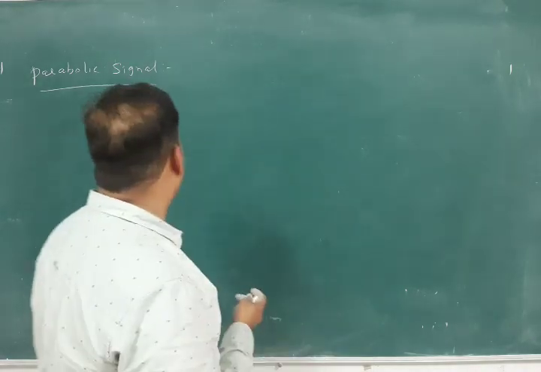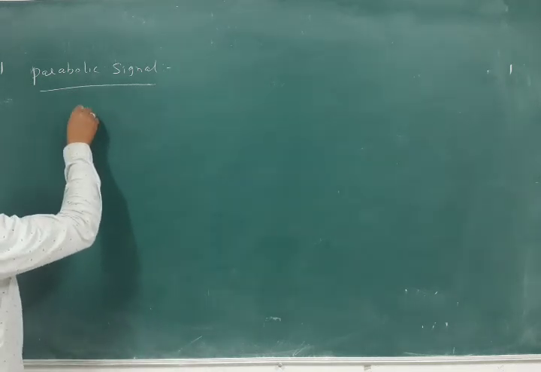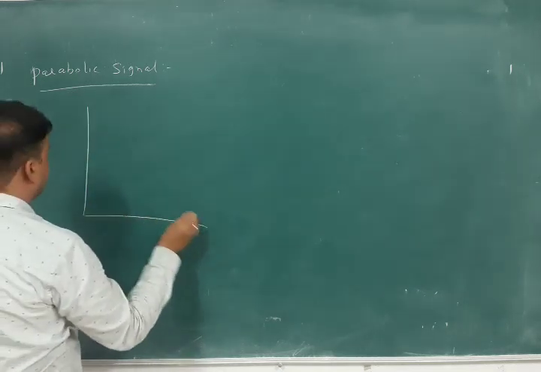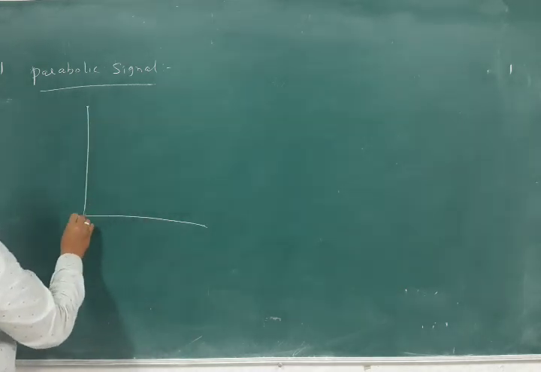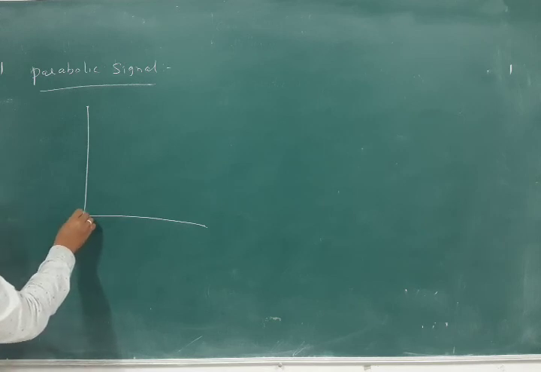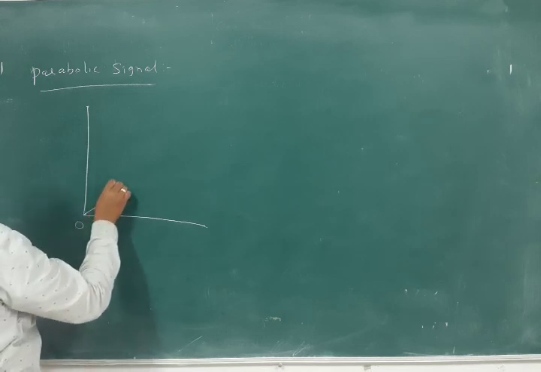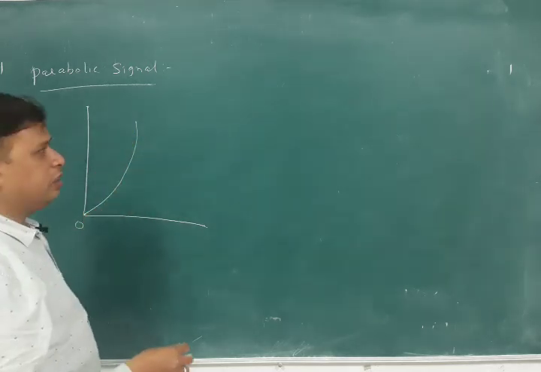We will see how these parabolic signals are written and drawn. It starts from 0 and, according to the function of the parabolic signal, you have the parabolic equation, as you know.